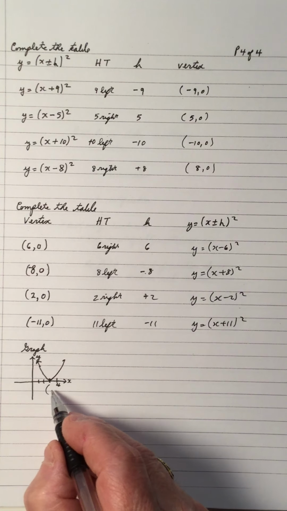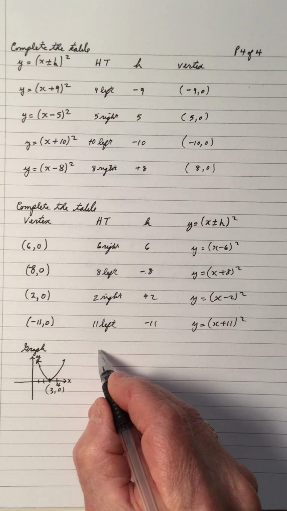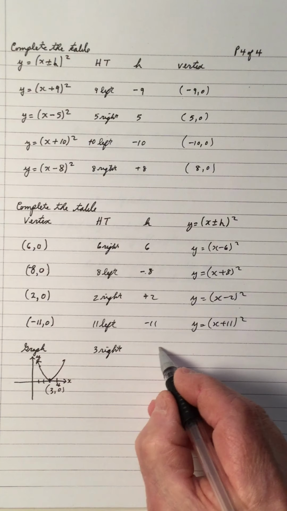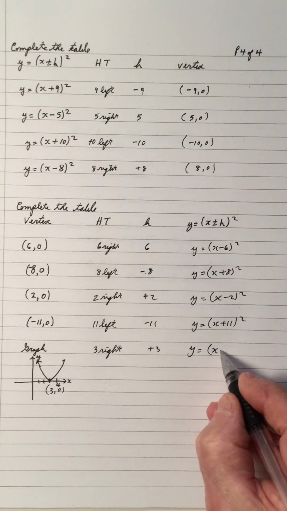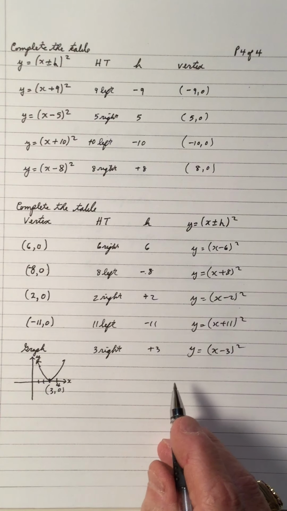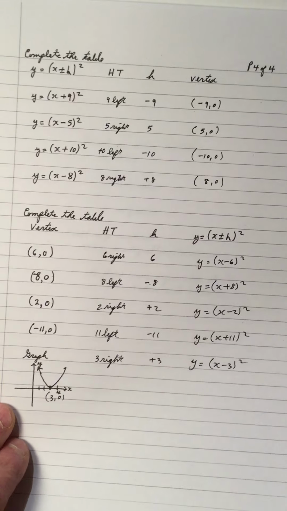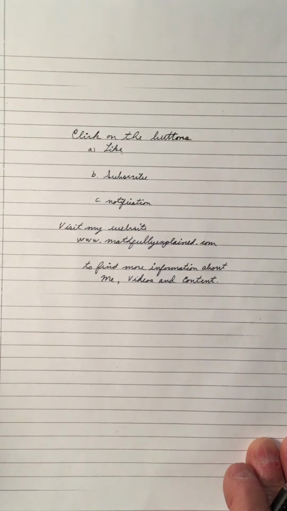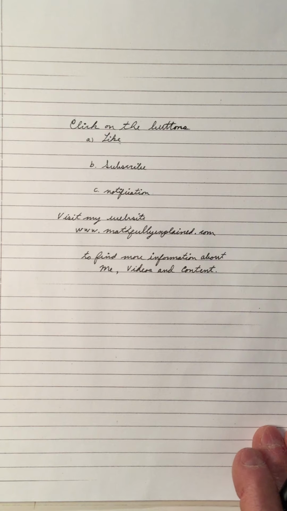And notice the vertex here is 3, comma 0, so that means it's gone 3 right, which means it's a plus 3, and the equation has the opposite. And that's doing a horizontal translation. Horizontal translation moves it left and right, and what's inside of the equation is the opposite to the translation.